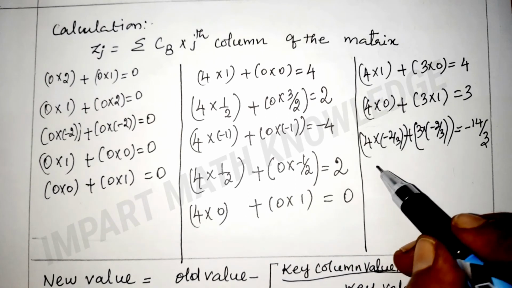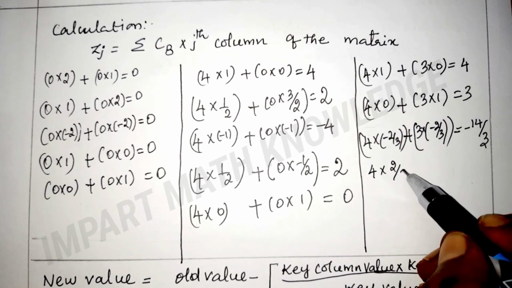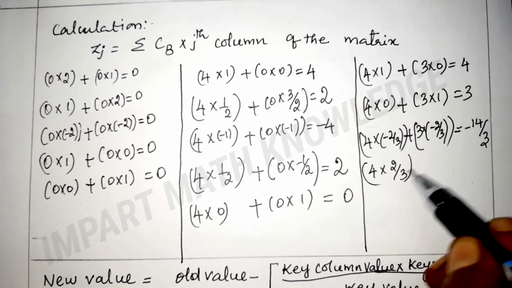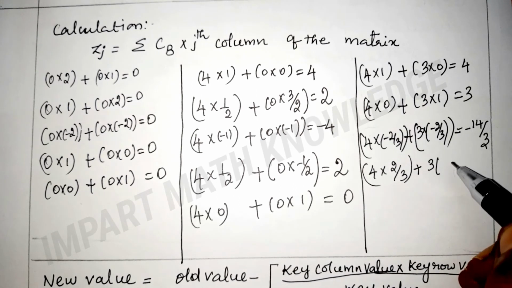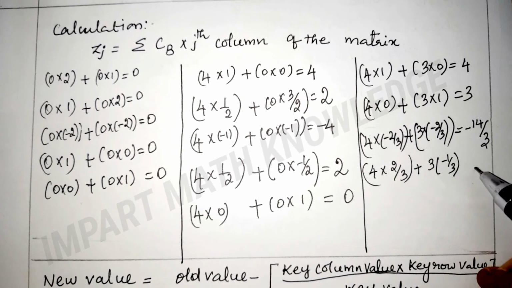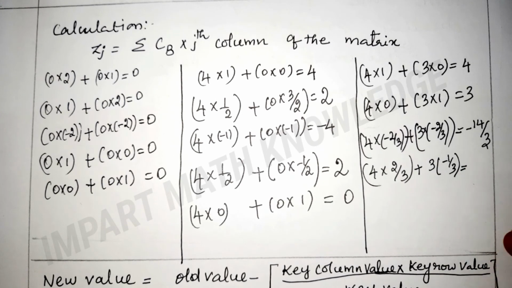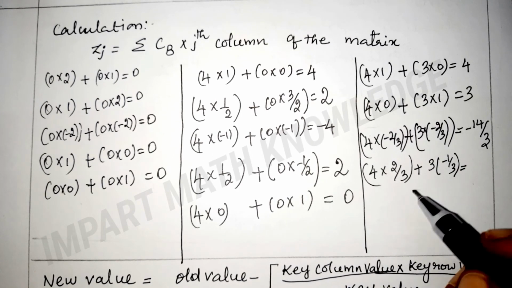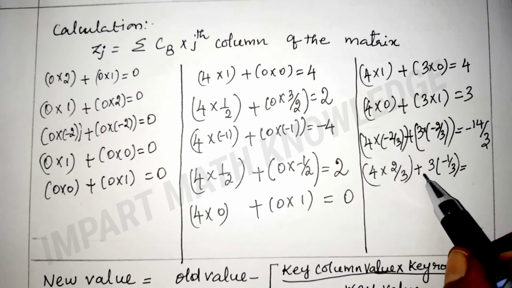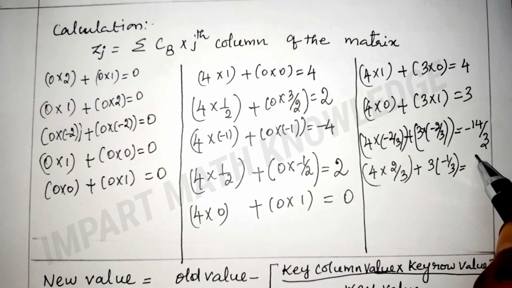The next value is 4 into 2 by 3 plus 3 into minus 1 by 3. So the value is 5 by 3.